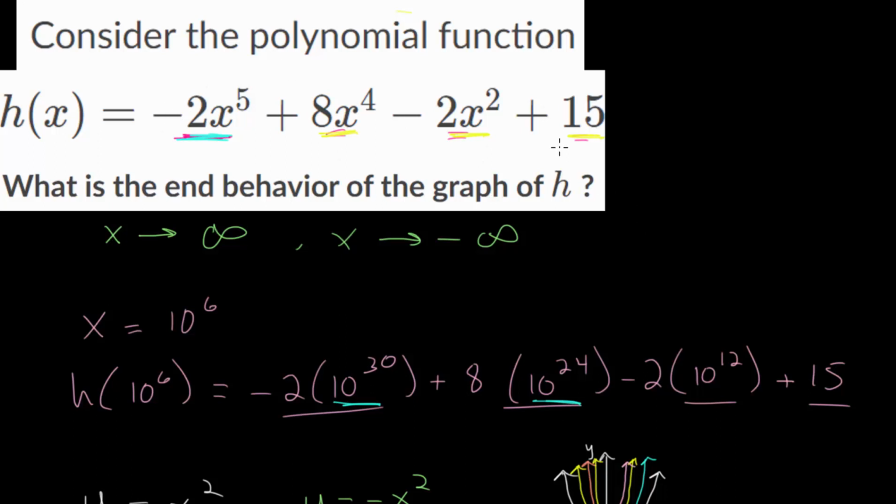I'll leave that as an exercise to the viewer. You can use Desmos, but you might see some type of function that looks maybe like that. And it could be shifted somewhere on the coordinate plane. It's hard to say without actually graphing it. But this will give you some idea of what this polynomial function might actually look like.